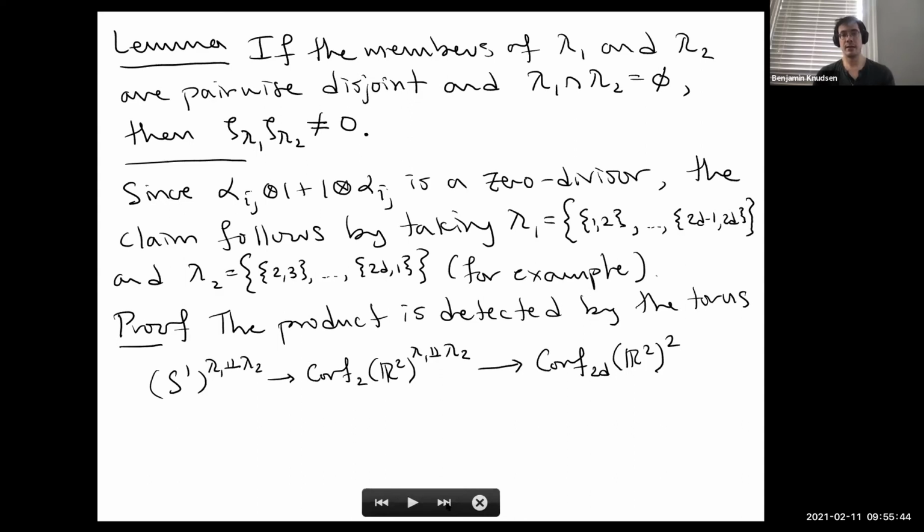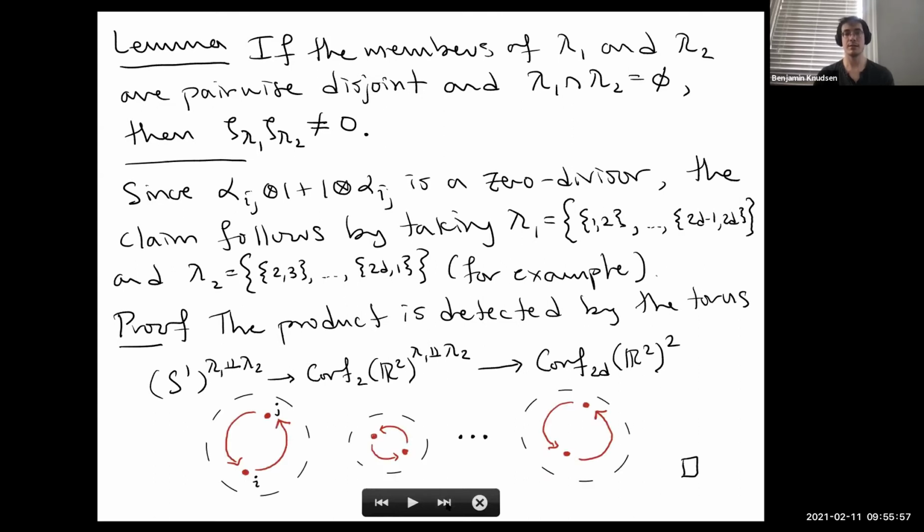And then the second map is just obtained by choosing a bunch of disjoint embeddings of R2 in R2 and putting the pictures inside each one. So here's a schematic of what it is. The whiteboard is R2, and each of these dashed circles is an R2 inside of R2.